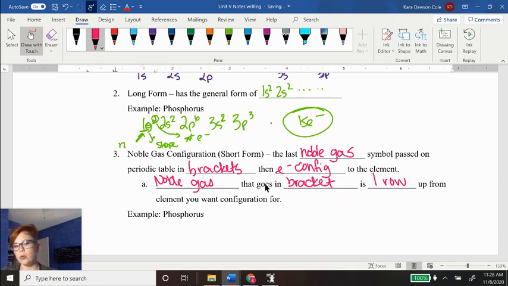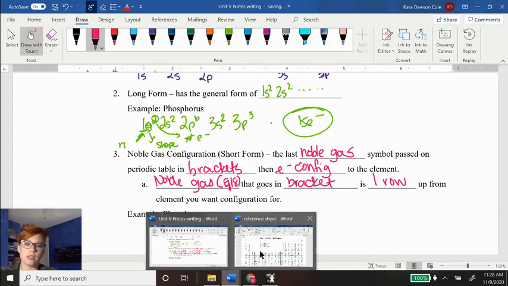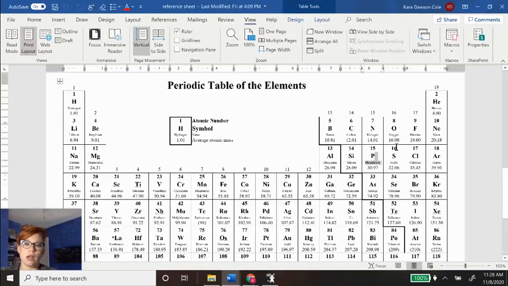Remember that the noble gases are in group 18. Going back to phosphorus, we go up one row and all the way over. Well, that's neon. So neon would be in brackets. Now, what is the neon in brackets taking care of?